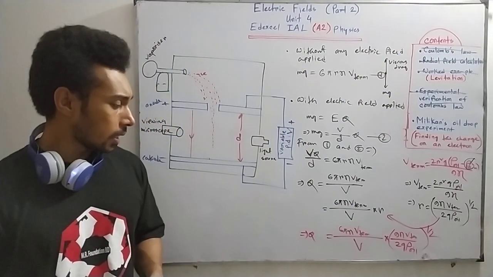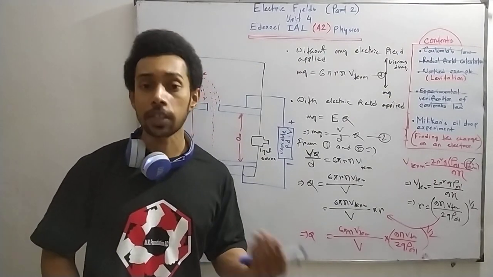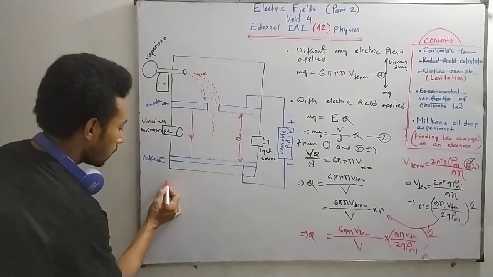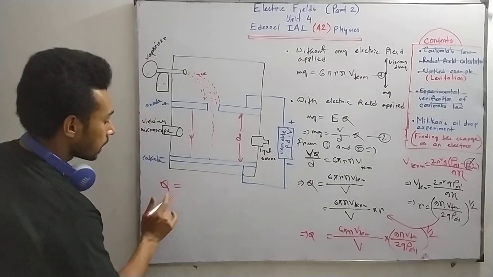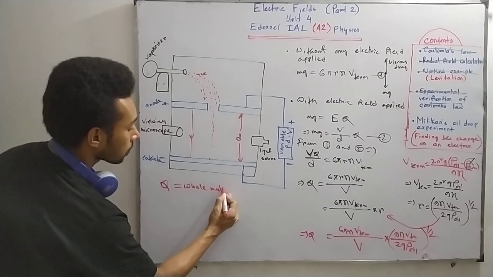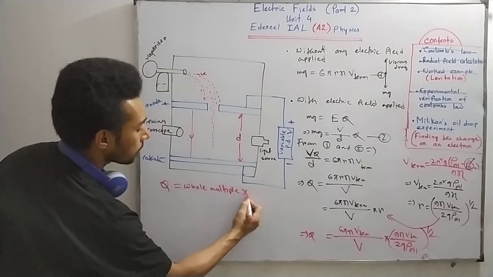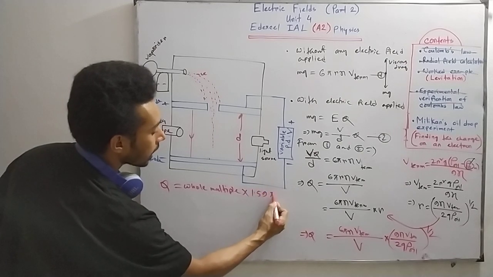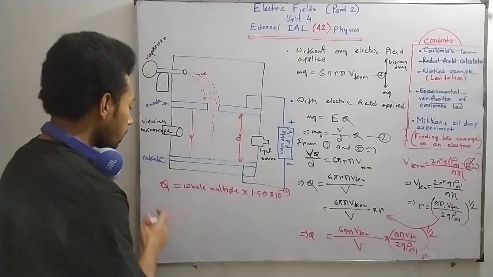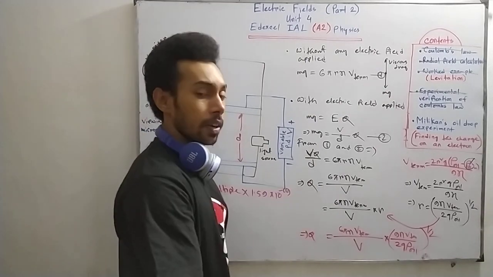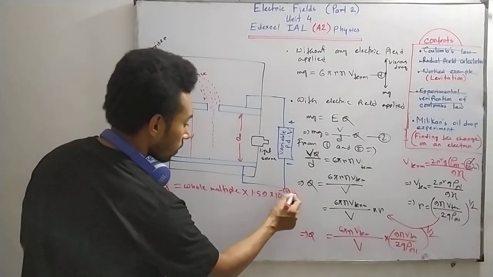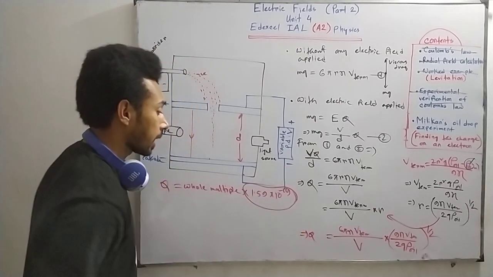And Millikan did the experiment several hundred times, and he found out that Q is actually a whole number multiple of 1.59 into 10 to the power minus 19.